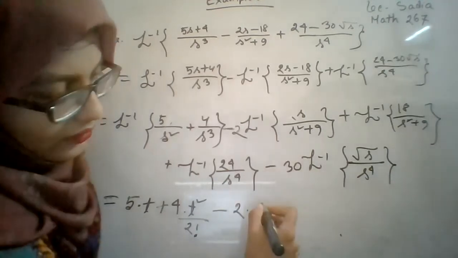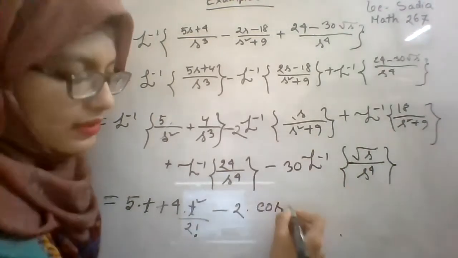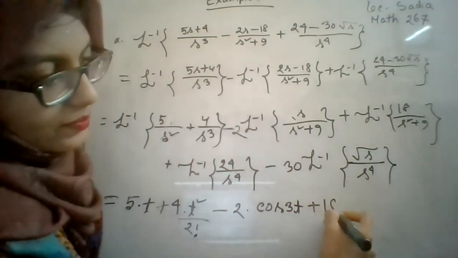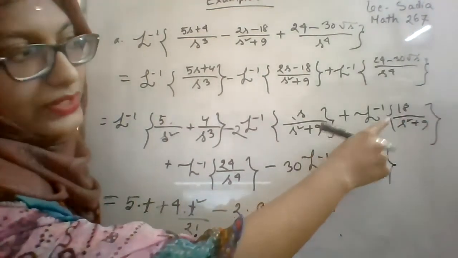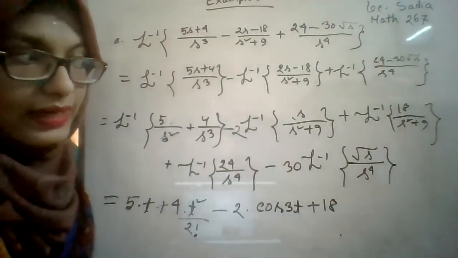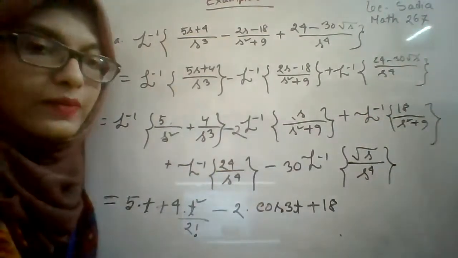And the formula for cos at, here a will be 3, 2 cos 3t. Now for this part, inverse Laplace transformation of 1 by s square plus 9. Here it is s by s square plus 9, and here it is 1 by s square plus 9.